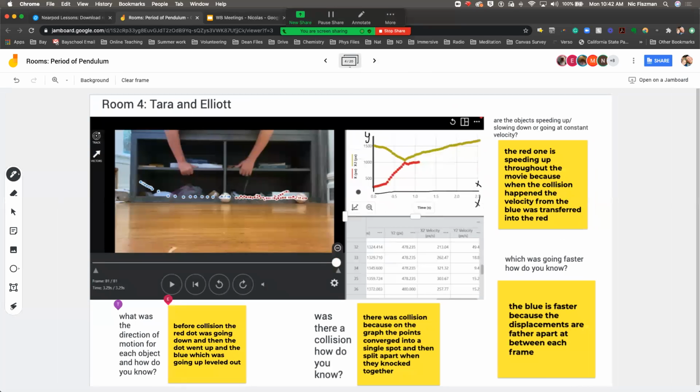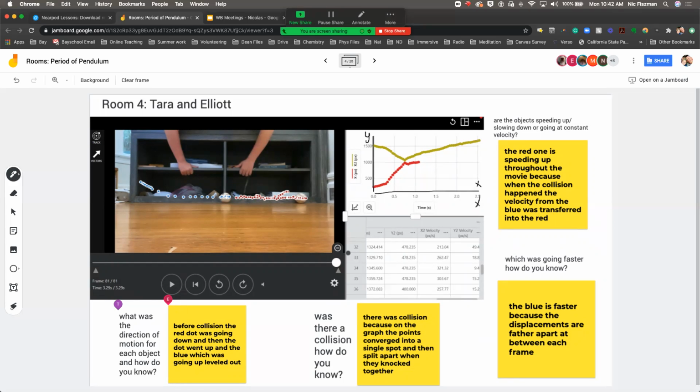Okay, 4. Okay. So the red one was speeding up throughout the movie because when the collision happened, the velocity was transferred from the blue to the red. The blue was faster before collision because the displacements were farther apart between each frame.